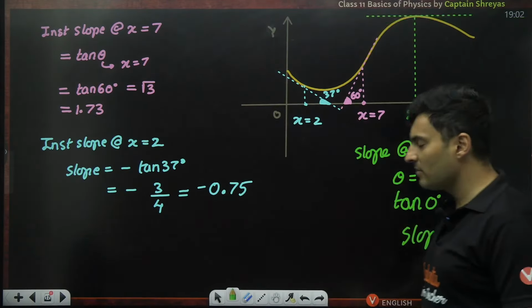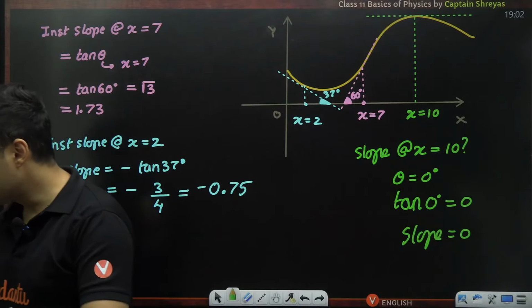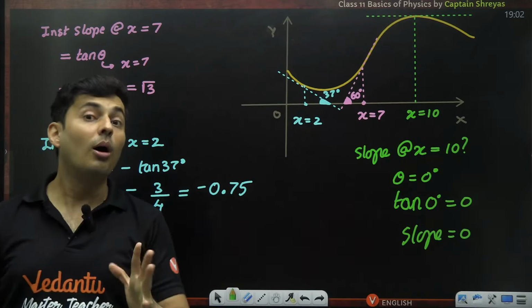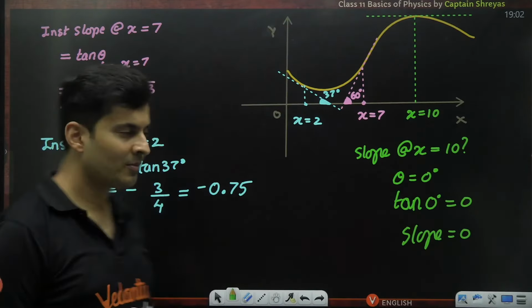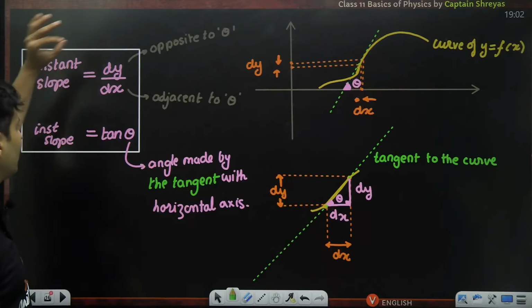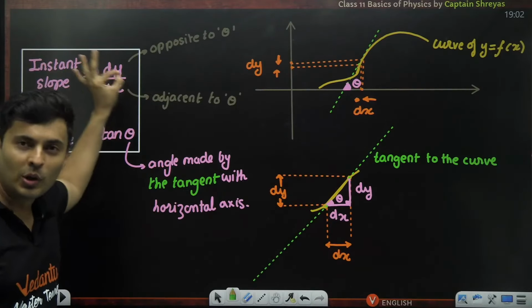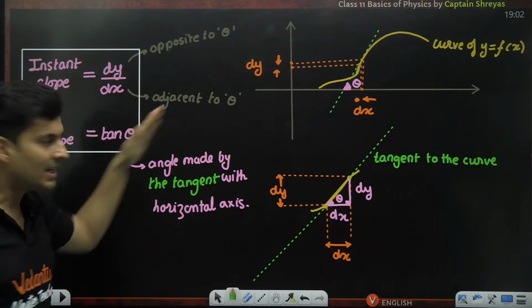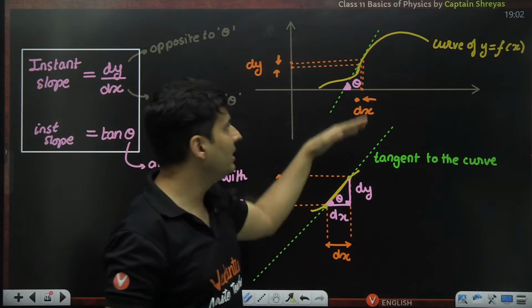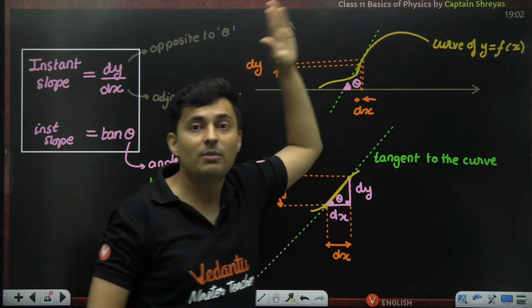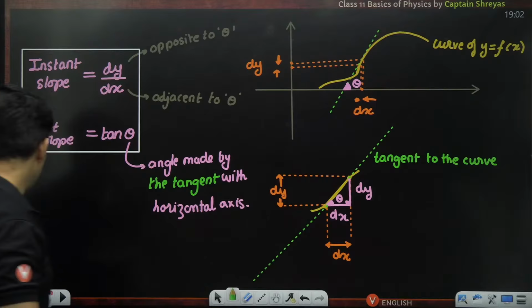Hence, the slope is 0 over there. So this is the geometrical way of figuring out the slope. The beauty is, you don't know the numerator, you don't know the denominator, but the ratio is the tan of theta, where theta is the angle made by the tangent drawn to that particular curve.